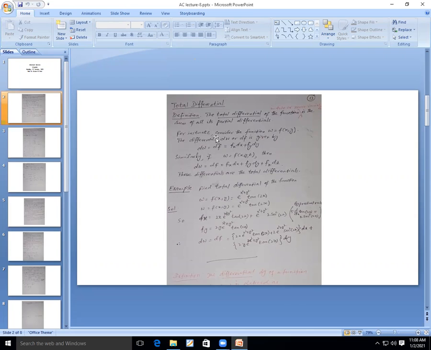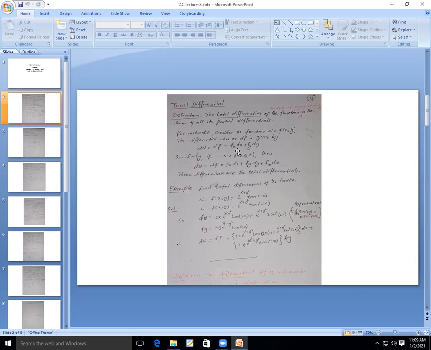For example, consider the function w, which is equal to a function f in two variables x, y. The differential of w, which is denoted by dw, or differential of f, which is denoted by df, is then given by dw, which is equal to df, because w is equal to f.